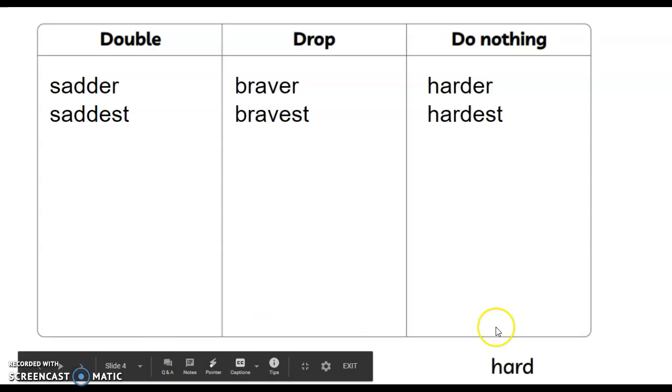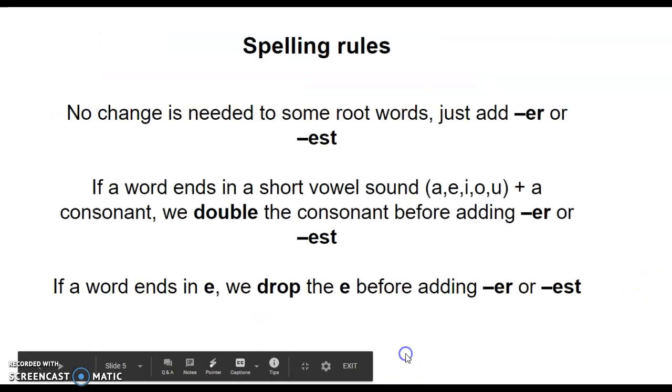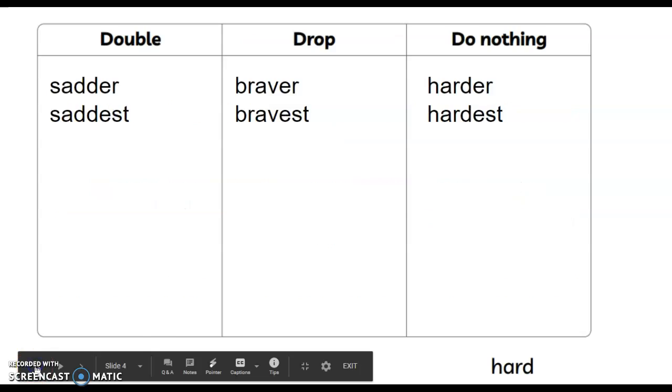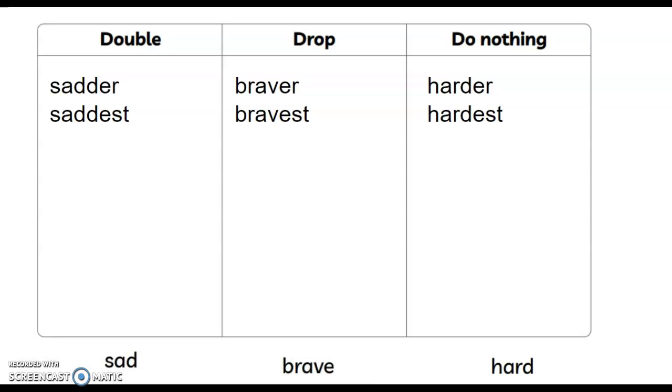So here I have started sorting some of the words. Oh, let's go back to that one, okay? So the first word I had was sad. And what I needed to do for that one is sad, it has a short vowel sound, okay? A is a vowel. It makes the short vowel sound, and it ends in a consonant.